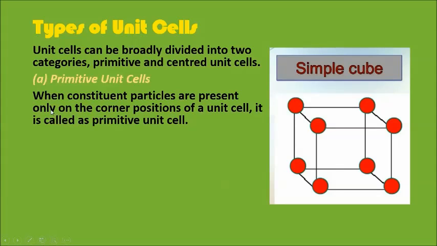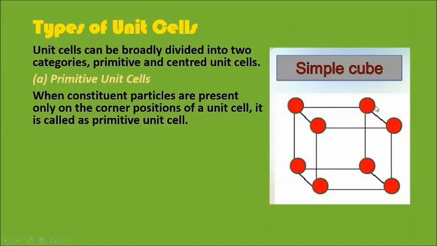When constituent particles are present only on the corner positions of a unit cell, it is called a primitive unit cell or simple cube. So see this cube.